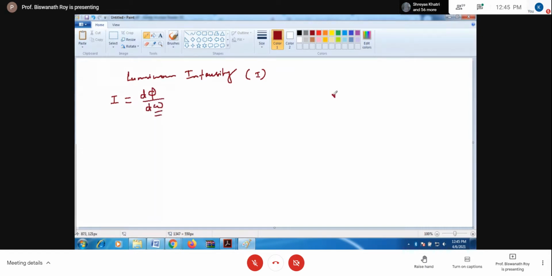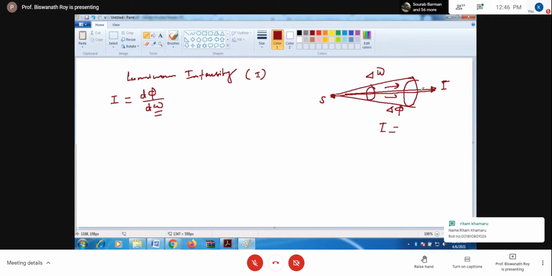If there is a light source here and I want to know the luminous intensity in this direction, I need to imagine a solid angle in this direction. If the solid angle is delta omega and the luminous flux content in the solid angle is delta phi, then the intensity along this direction is delta phi by delta omega.